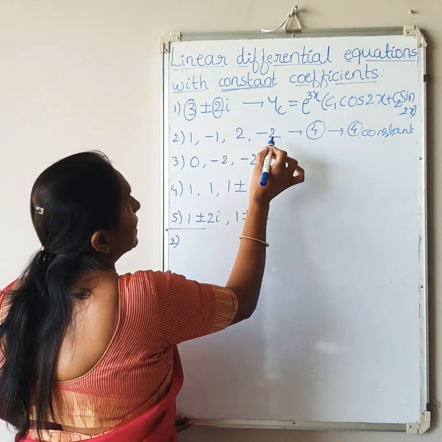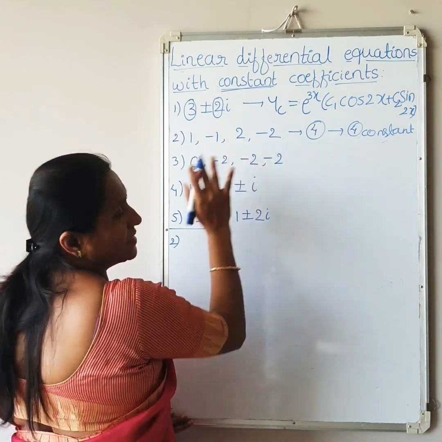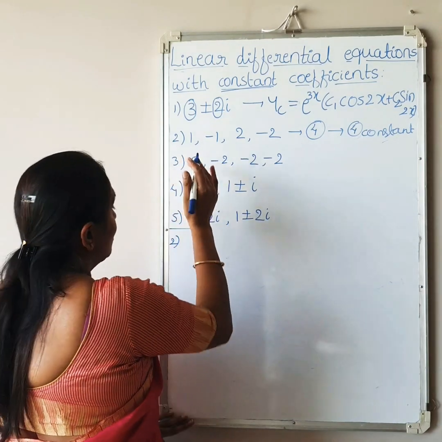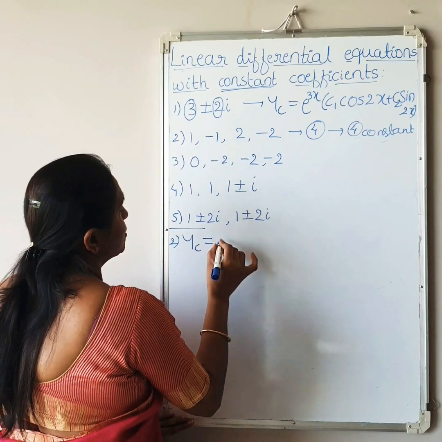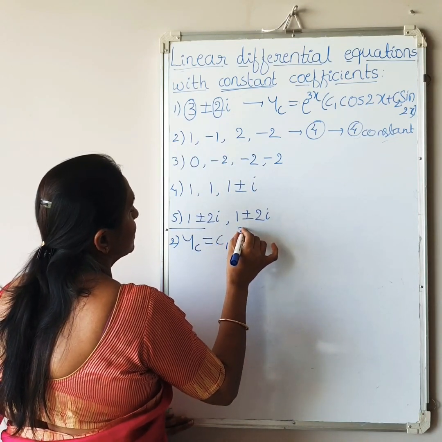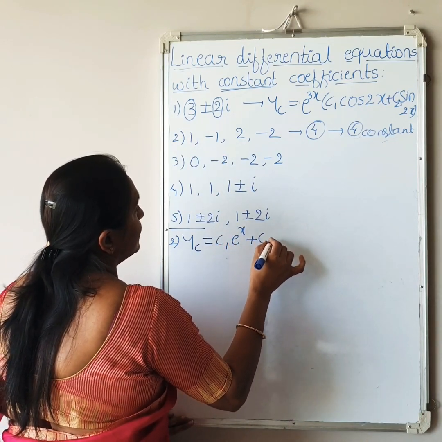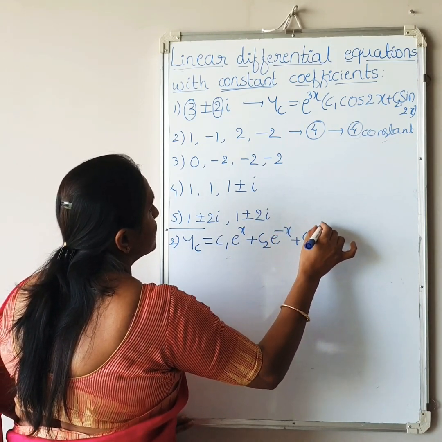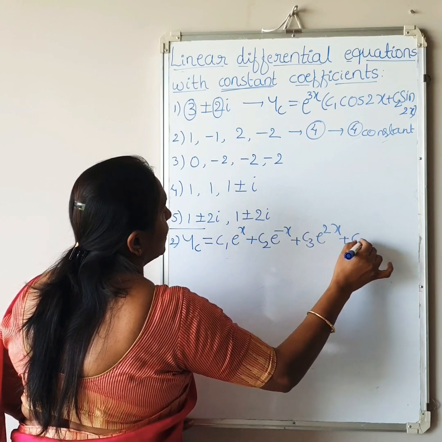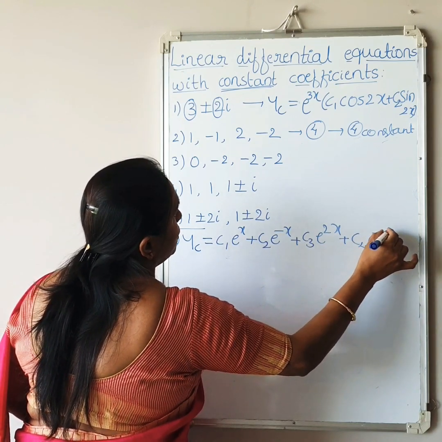All roots are real and distinct, they are different. So how to write yc? Yc is equal to c1 e raised to x plus c2 e raised to minus x plus c3 e raised to 2x plus c4 e raised to minus 2x.